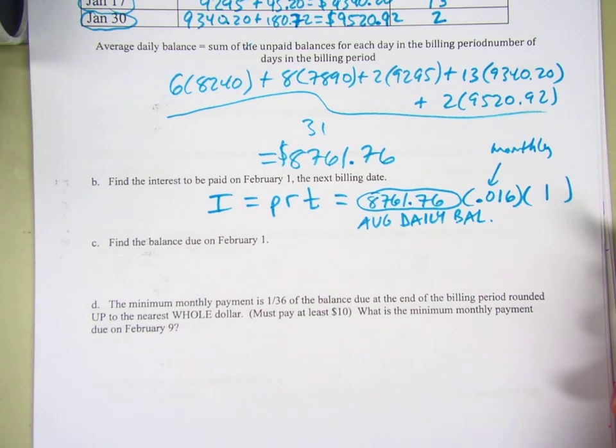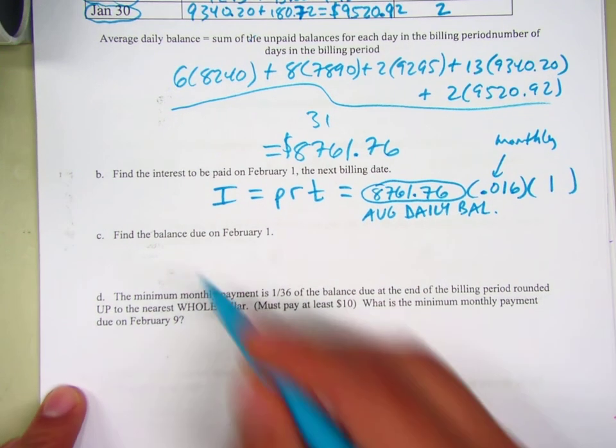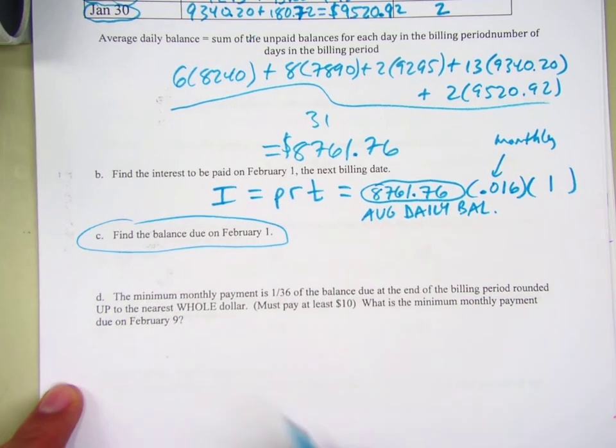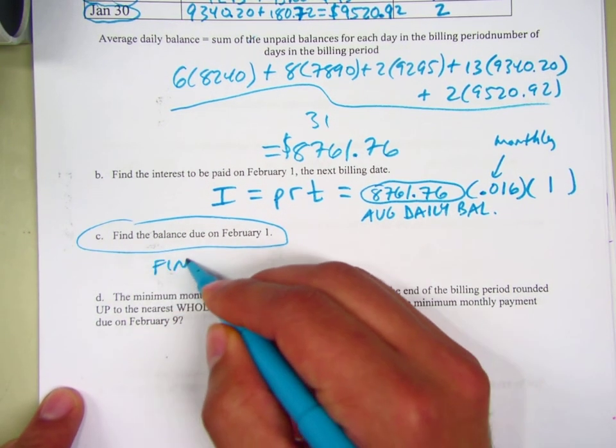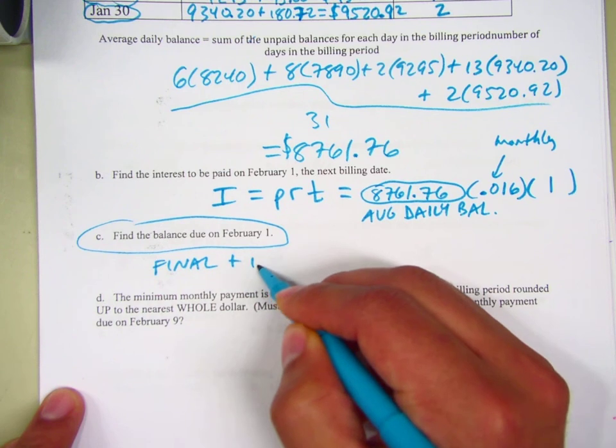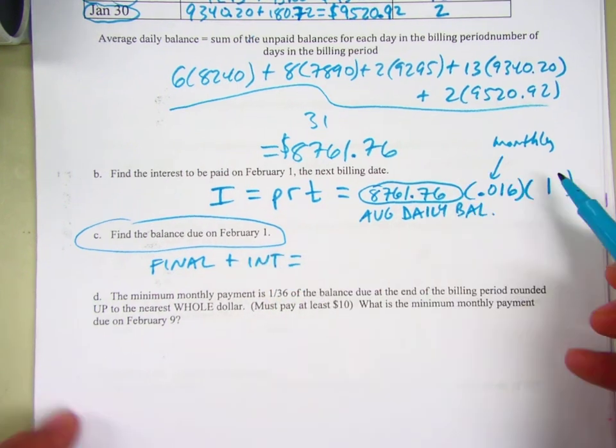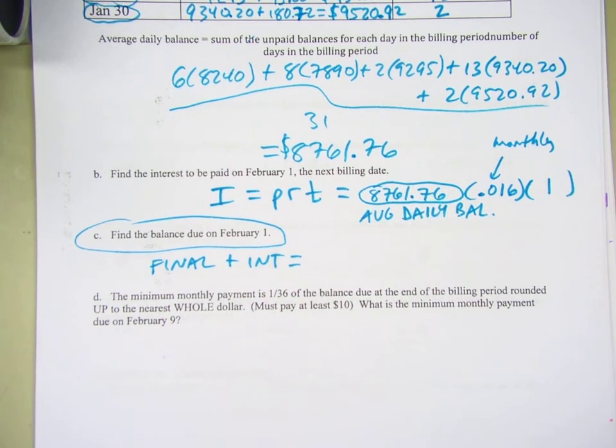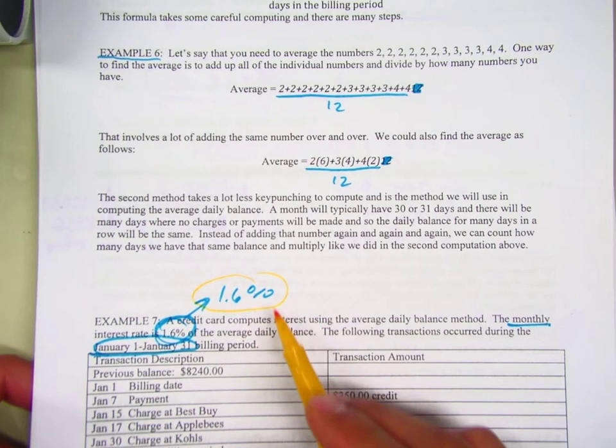So, to find the balance due, you're going to take final balance plus interest. So we're going to take, let me switch colors. Wait, why would it be 0.061? 0.016 because the rate they said was 1.6% every month.